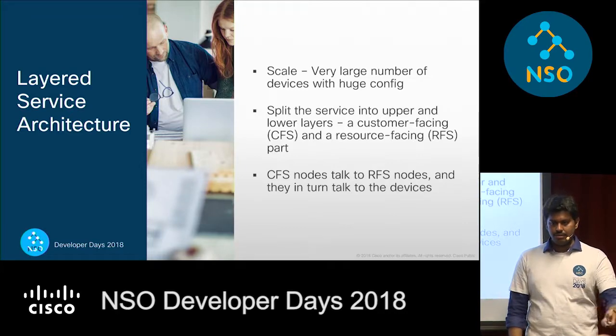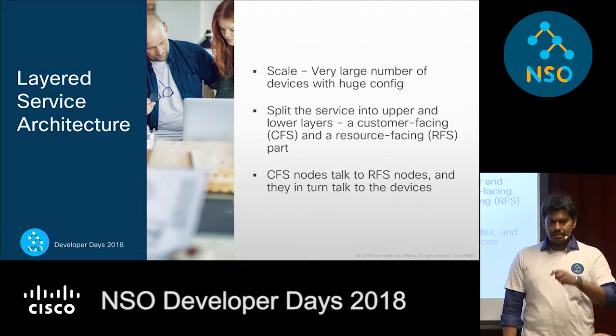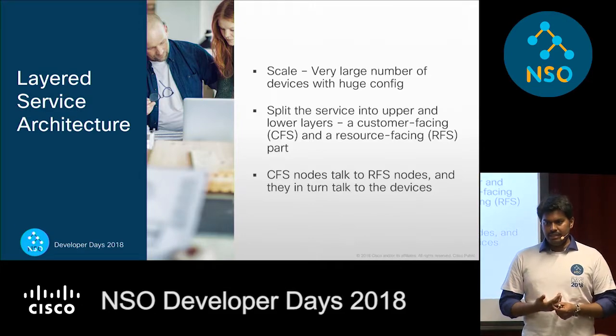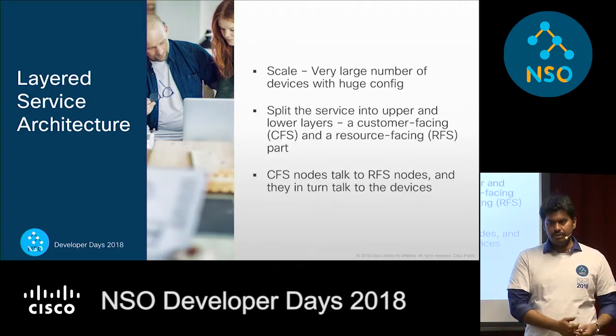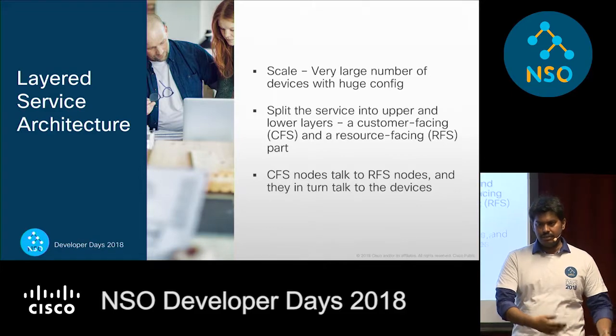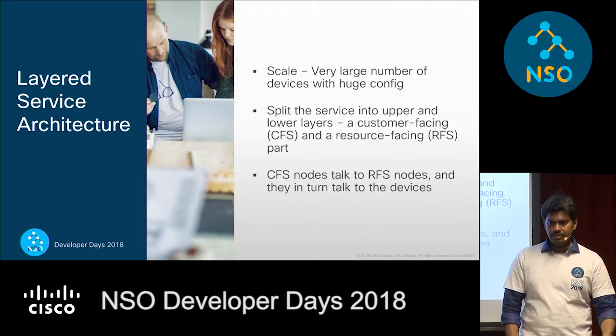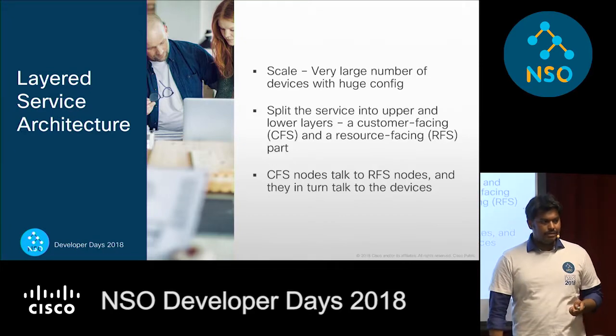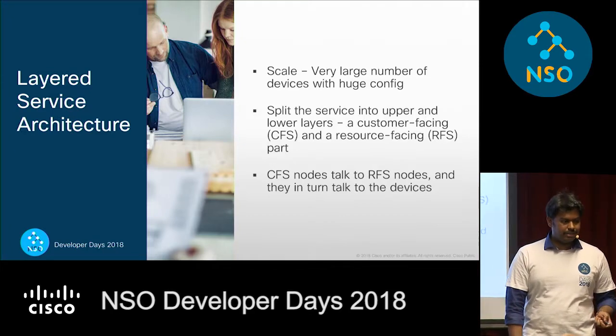There are references to which NSO node holds which device, but the top NSO node doesn't care about the devices at all. So it only calculates the changes needed for the lower NSO node, and then that NSO node will calculate what is needed to be sent to the devices. Yeah. So yeah, that's it.